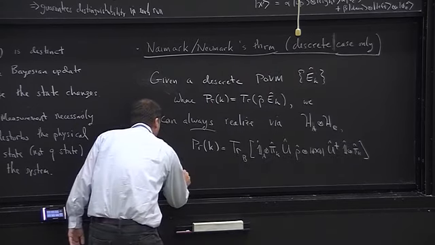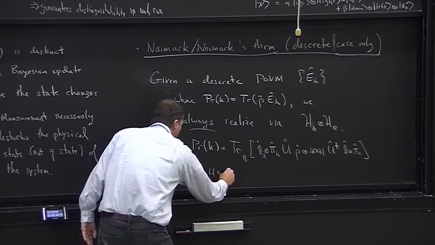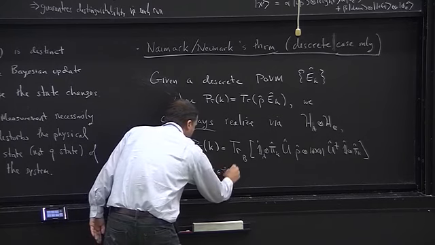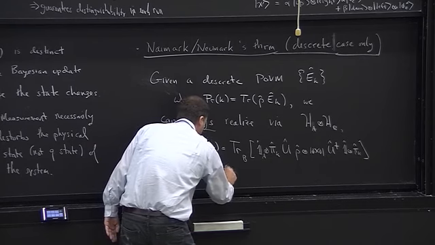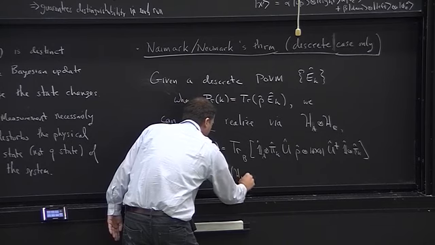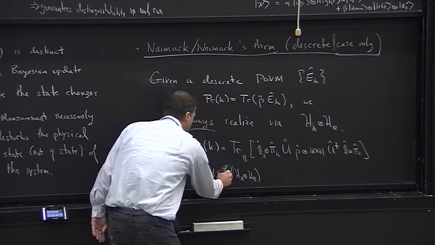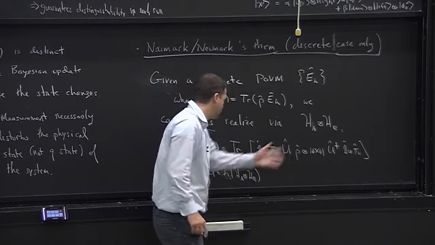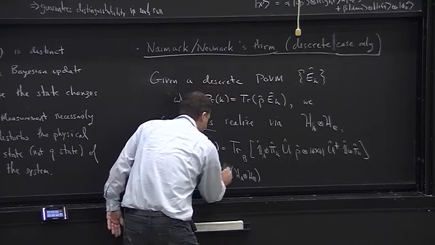For some U, which is a unitary operator, which is an element of H_A cross H_B. So U is an interaction between my system and my ancilla B. This is linear operators.